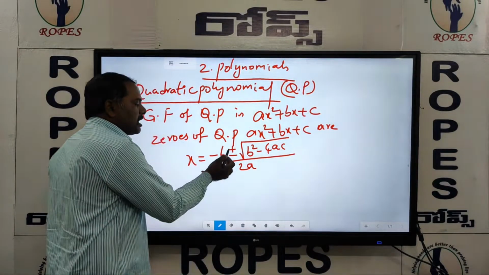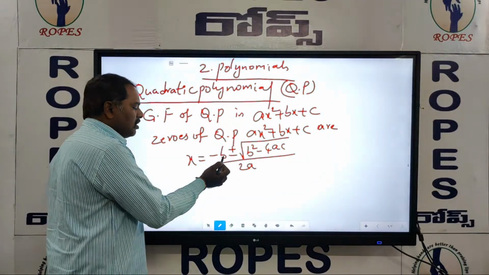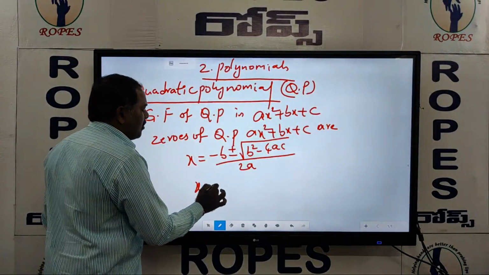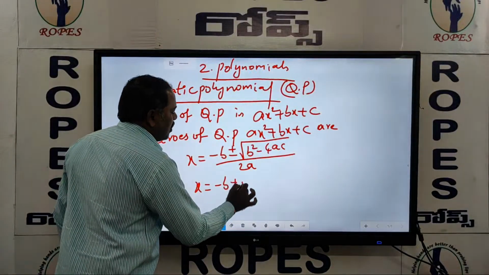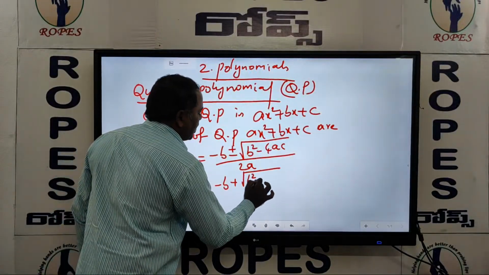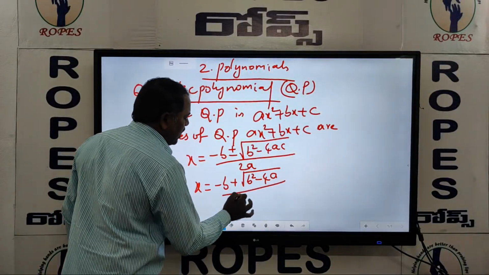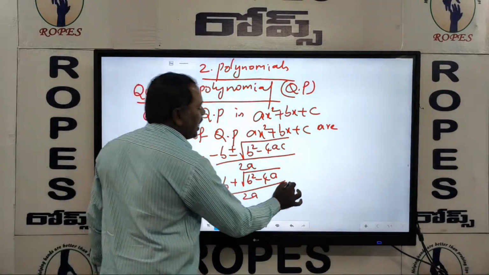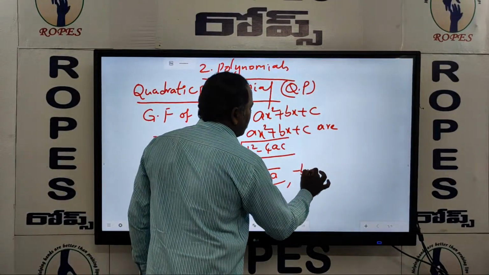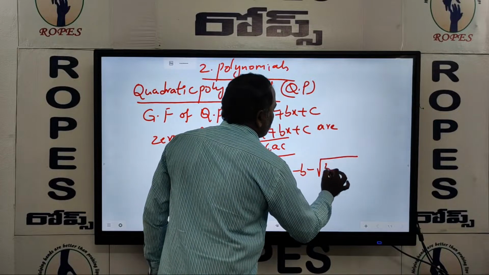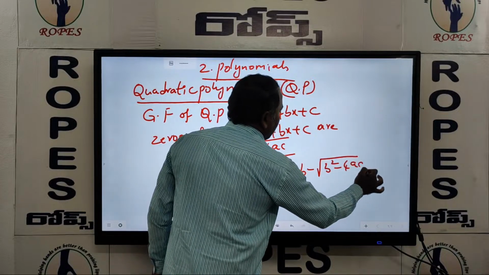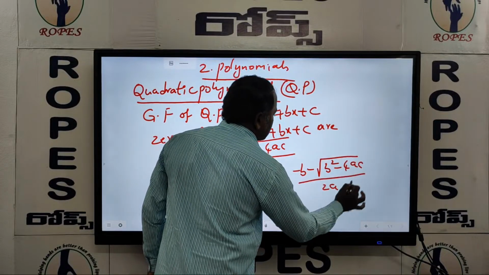So minus b plus root of b square minus 4ac by 2a is one zero, and minus b minus root of b square minus 4ac divided by 2a is the other zero.